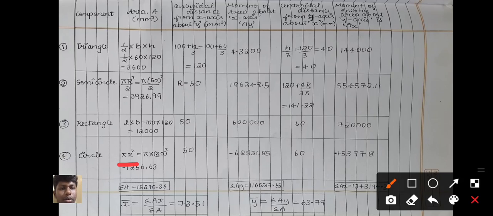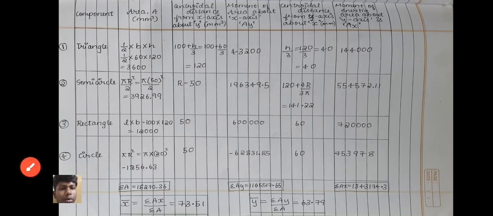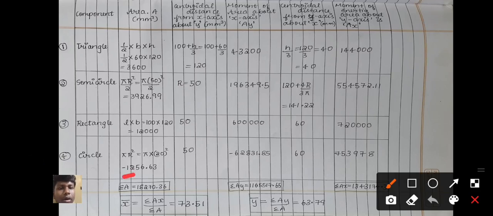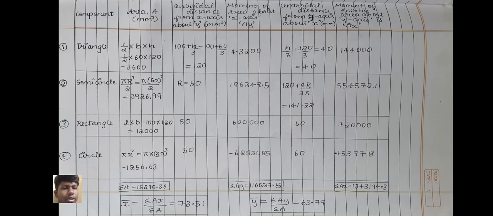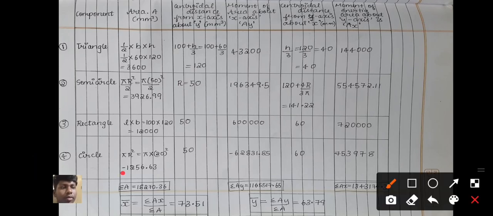while coming to the fourth component, which is the circle, the area of the circle will be pi r square by 2. So here r will be 20. So pi into 20 whole square, we get the value minus 1256.63. You can ask why we have put the negative sign for this value.